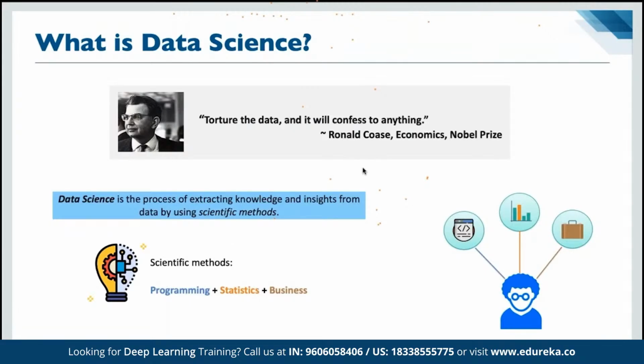When we apply this to solve a business problem or answer a business question, utilizing historic data, we call this the domain of data science. As a more educated definition, it is the process of extracting knowledge and insights from data by using these scientific methods.